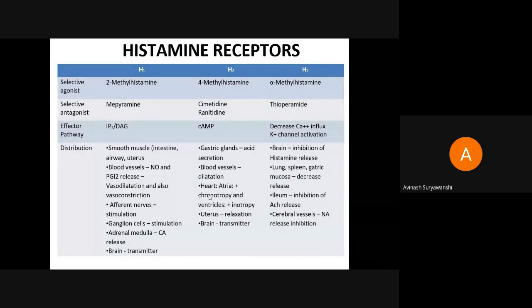Scientists are trying to find out the shape of this receptor, what type of receptor it is, and where exactly it is present. We are able to see some locations of the H4 receptors, but still we are not able to get any potential drug to act on these H4 receptors to stop the allergic reaction. So whatever allergic drugs are available, they act on the H1 receptor. Sorry, mainly the H1 receptor antagonists are available.